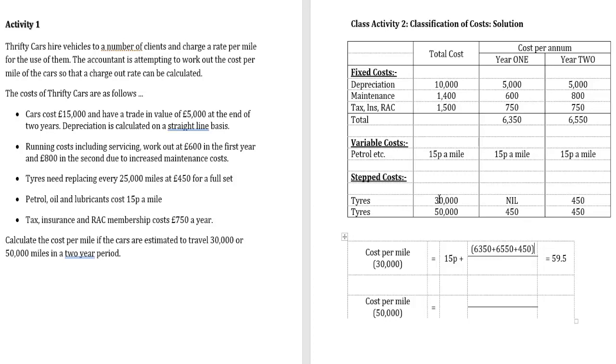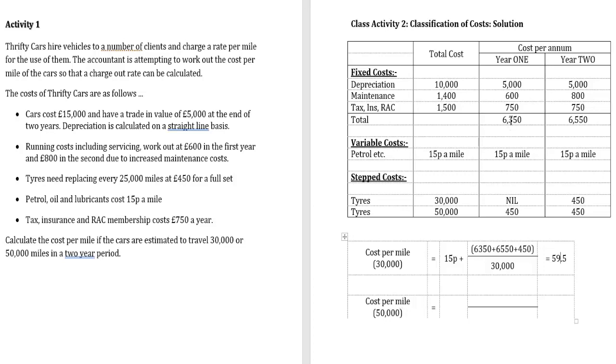Plus, if I use the car for 30,000, in that case, I need to change the tire in year 2 by 450. This is divided by number of miles, which is 30,000 a mile. This is the fixed cost, and the stepped cost is still the variable cost, which is 15p per mile. So I don't need to divide it because it's already in mile. So in that case, the cost per mile will be £59.5.